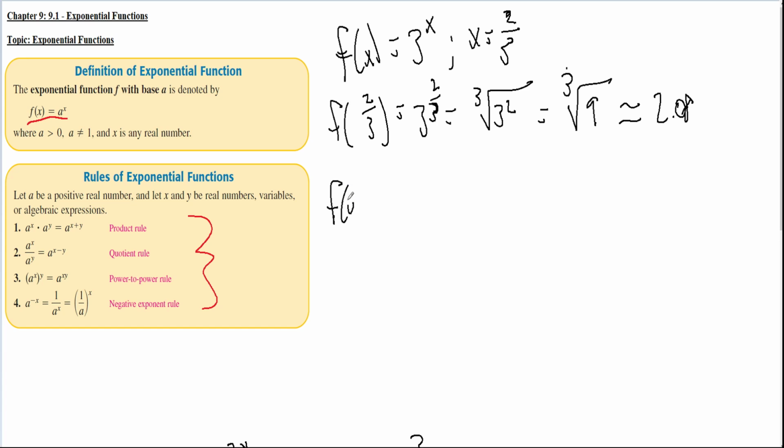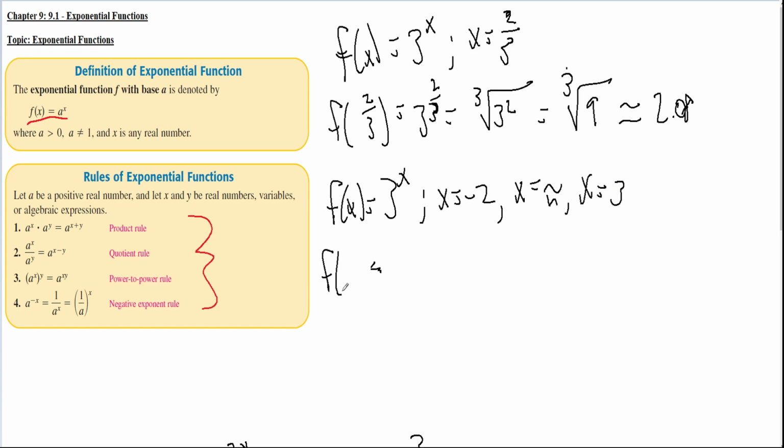If, for instance, we had f of x equal to 3 raised to the x power again, with x being equal to -2, x being equal to pi, and x being equal to 3, we can go ahead and do that.